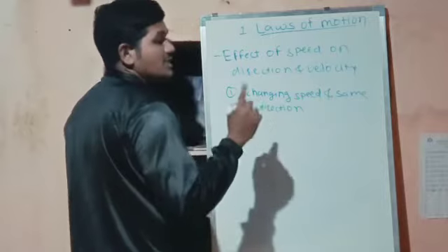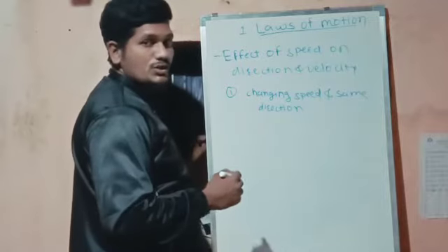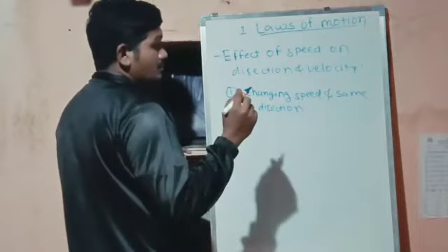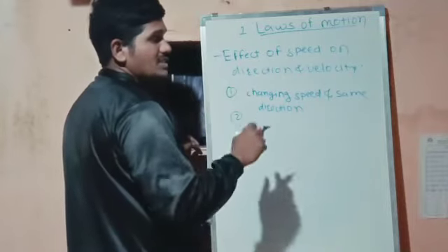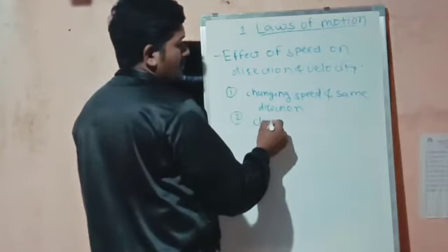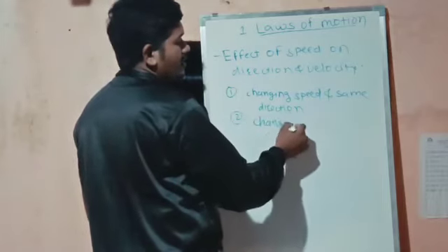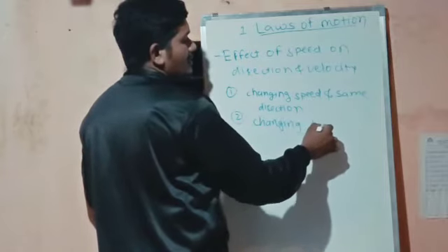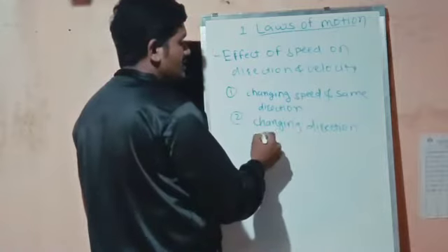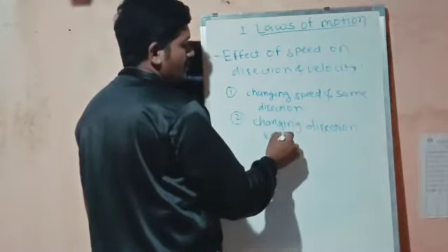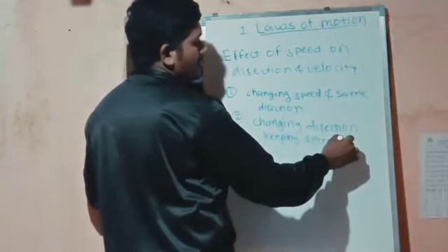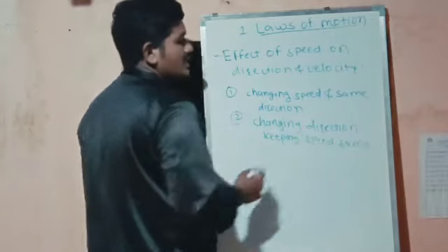This is the first case by which you can change your velocity. Now in the second case, we will see how you can change the velocity by changing direction and keeping the speed the same. This is the second case.